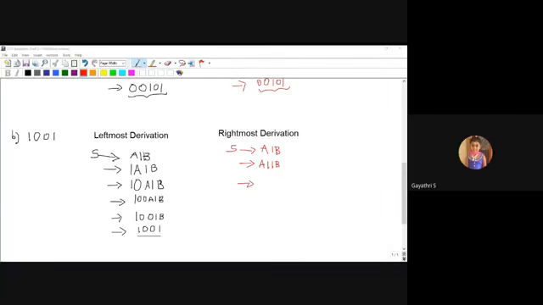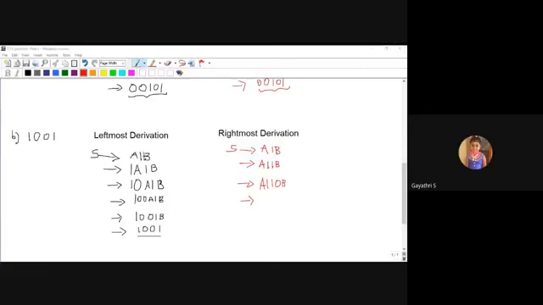Next for B, 0B. Hereafter, I will write the name of whoever interacts in the session and make a separate Excel file. It will help in giving you more marks in internals.